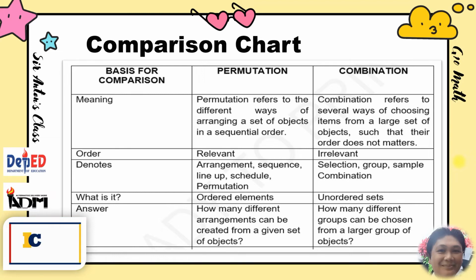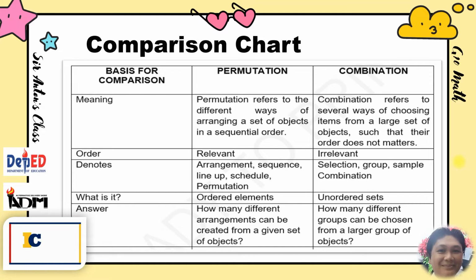Now, for permutation, take note that it's always ordered elements. Every element, and whatever their order is, it counts. For combination, unordered sets. So take note of the comparison. For permutation, ordered elements. For combination, unordered sets.